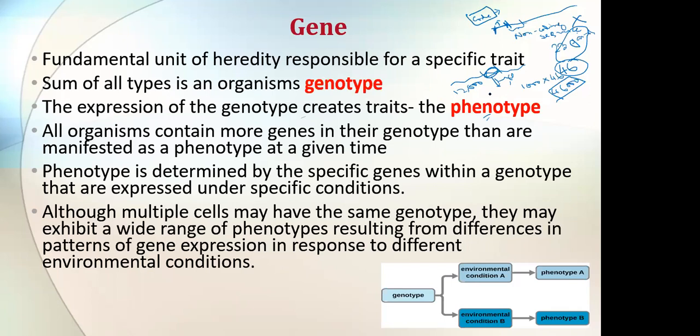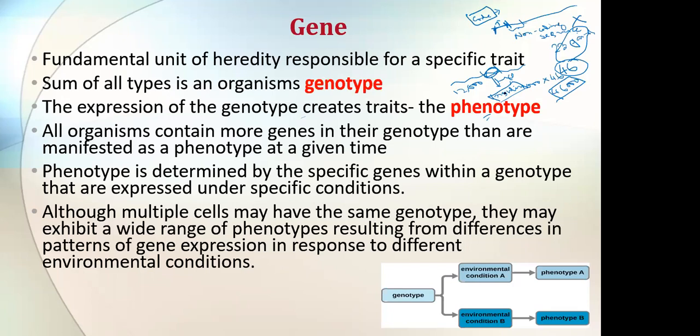Only the gene for insulin will be expressed, meaning it will be active at that time, and ultimately it will help the cell make this protein. So based on the need, some genes become active, and all others remain inactive.